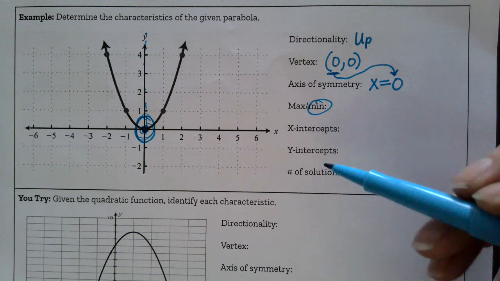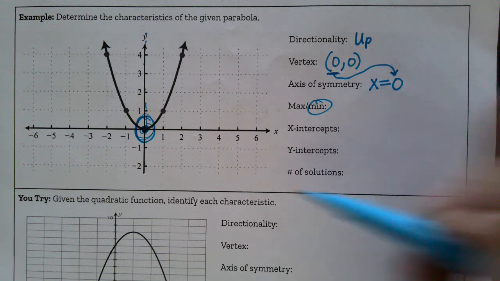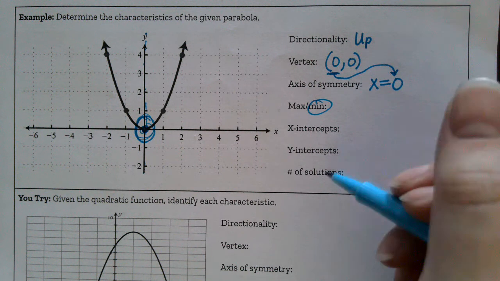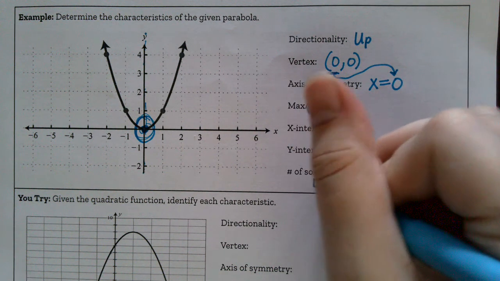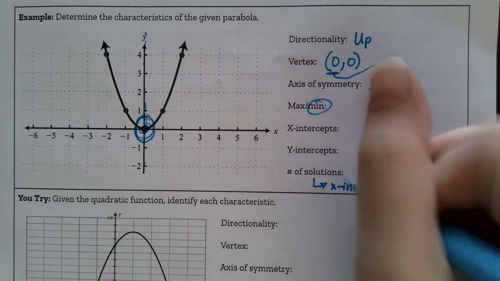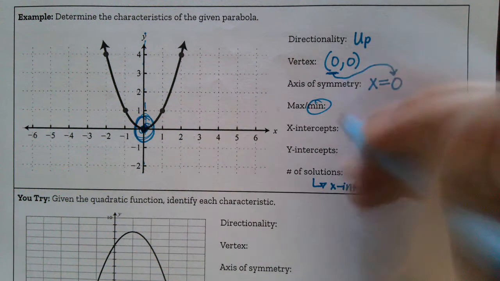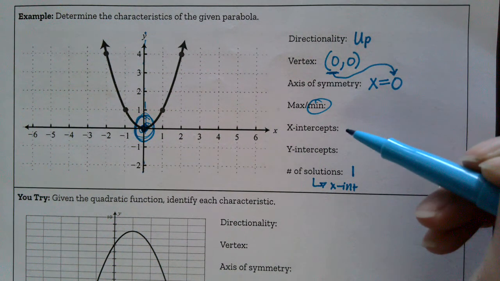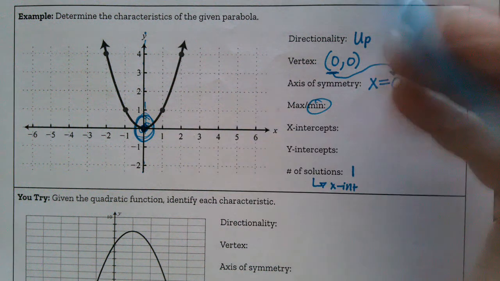Before I do the intercepts part, I want to talk about the number of solutions, which is the number of times that I touch the x-axis, because remember, solutions are our x-intercepts. In this case, I touch the x-axis 1 time, so I have 1 solution. That means I need to write 1 coordinate point for my x-intercept, which is 0, 0.